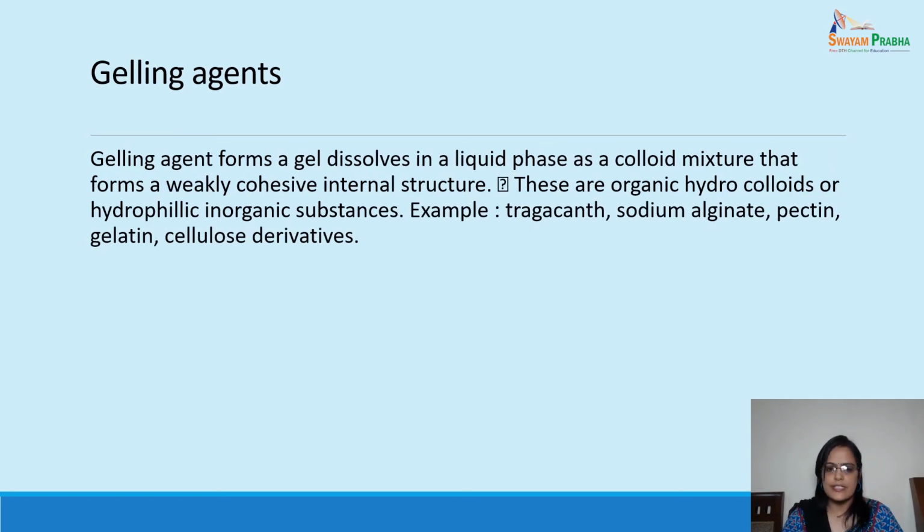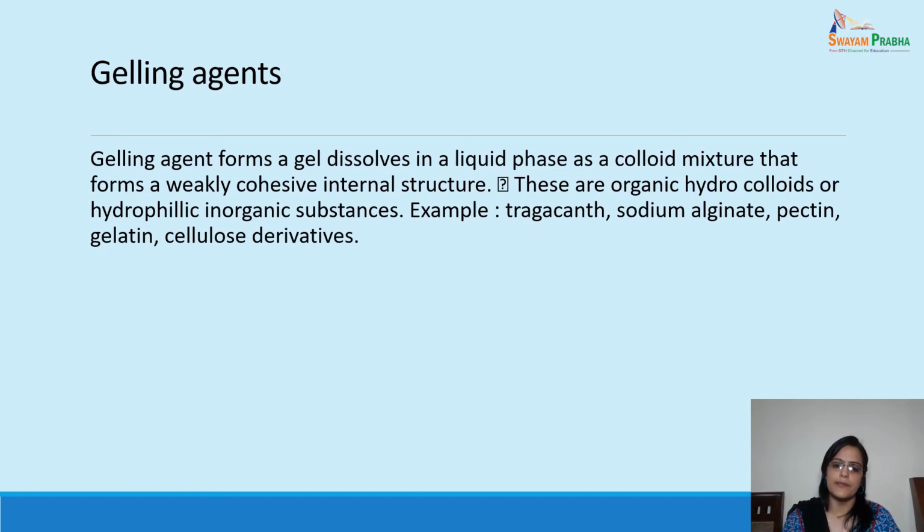Gelling agents form a gel. A gelling agent is one of the formulation additives for semi-solid preparations. It contributes in forming the gel. The gelling agent dissolves in a liquid phase as a colloid mixture, and it forms a weakly cohesive internal structure.